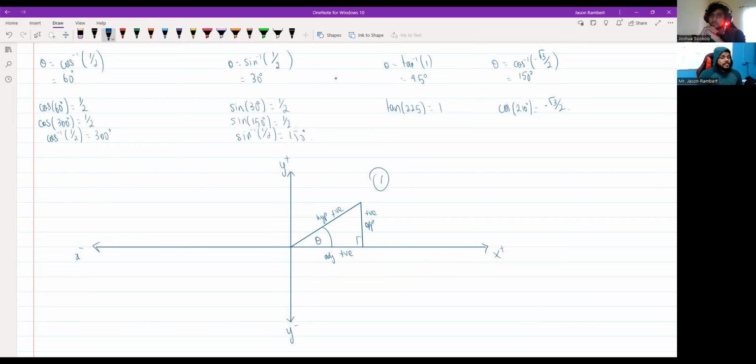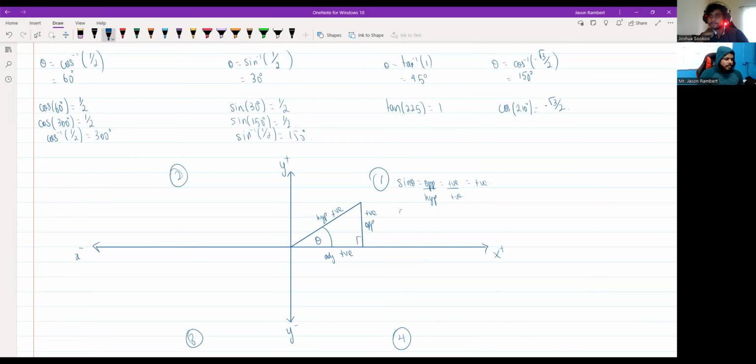For reference, this is quadrant 1, this is quadrant 2, this is quadrant 3, and this is quadrant 4. So let me see how the trig ratios behave in each quadrant. Well, I know from long time, sine of theta is opposite over hypotenuse. This is a positive over a positive, which is going to yield a positive value.